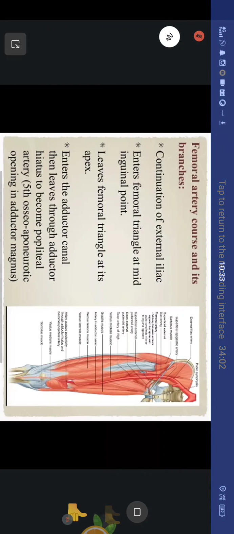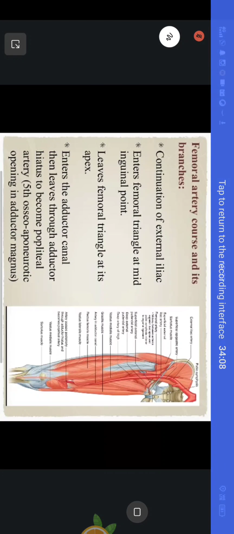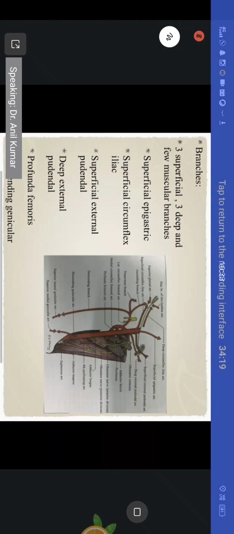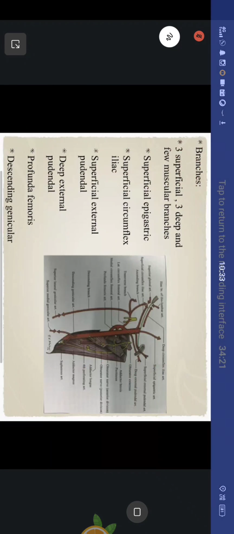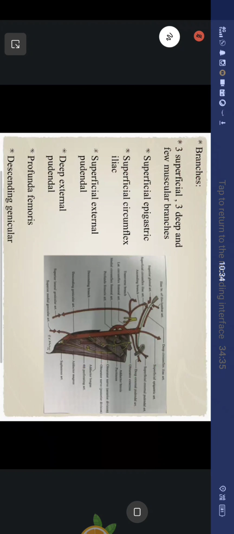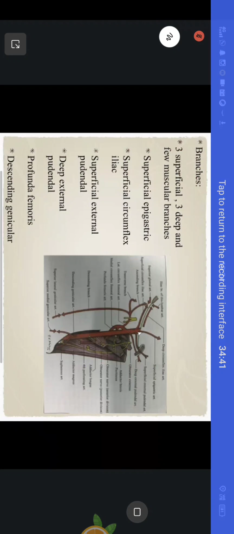Now, this femoral artery, in this femoral triangle, gives 3 superficial branches and 3 deep branches. In the diagram, you can see that. Coming to the superficial branches, the first one is the superficial external pudendal. Next, superficial epigastric, which runs upwards towards the abdominal area.